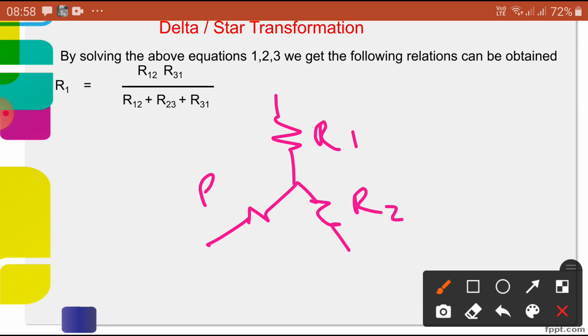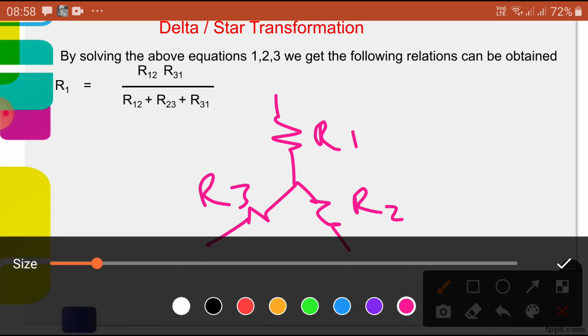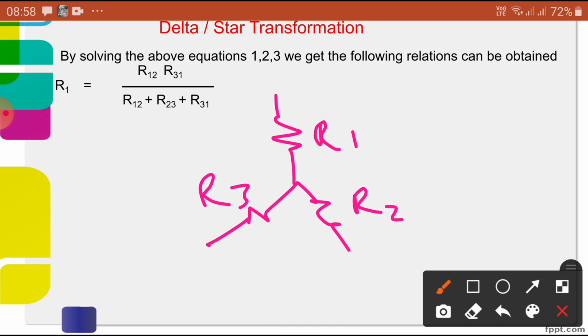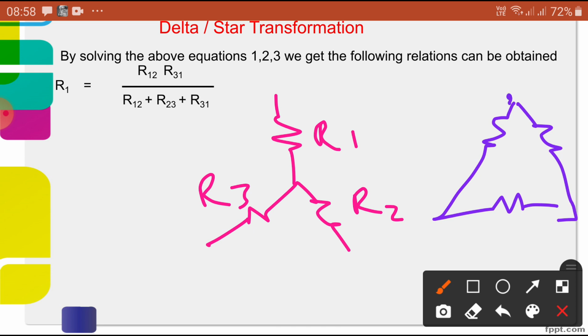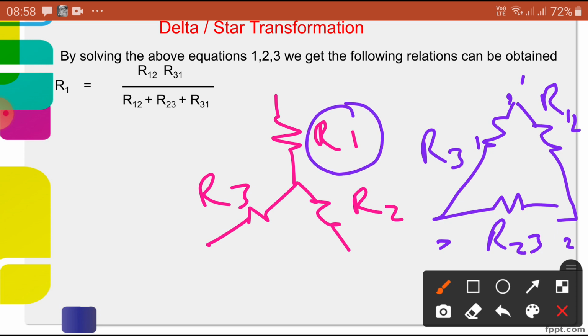R2, R3 star values, and the delta values R12, R23, R31 across 1, 2, 3. Now, R1 we can write is equal to this value.